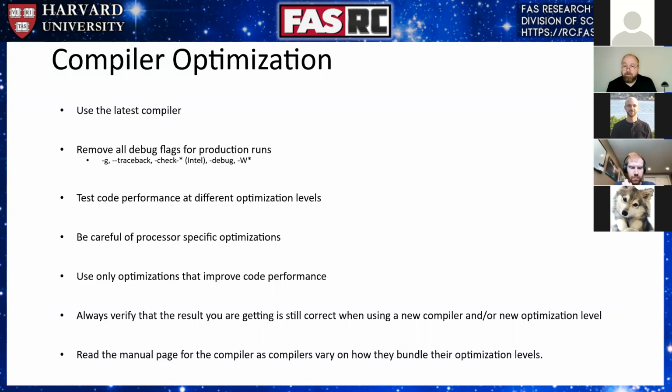Another thing I'll stress is that you want to read the manual page for your compiler, as compilers vary depending on how they execute the optimization level. So optimization levels will change from compiler to compiler. They have different options in them. They have different ways of handling that. To access the manual page for a compiler, you just do man, M-A-N, space, and then the compiler you're going to run, for GCC and for Fortran.